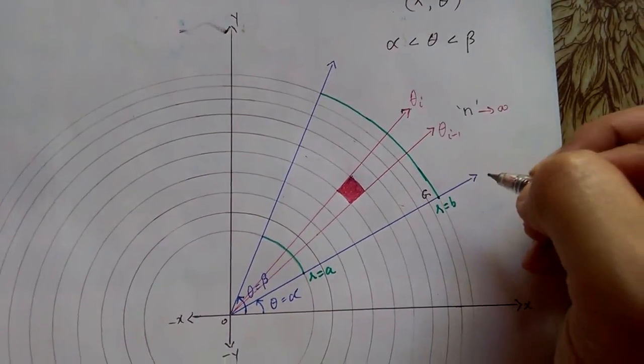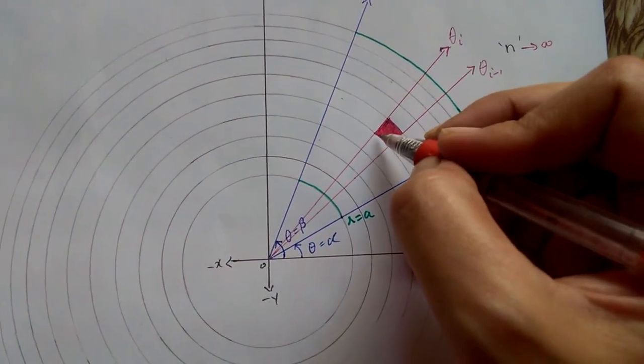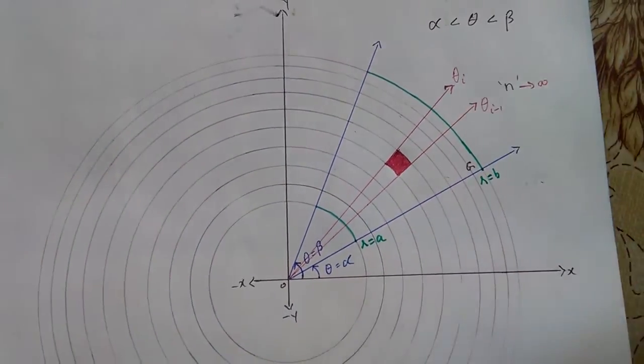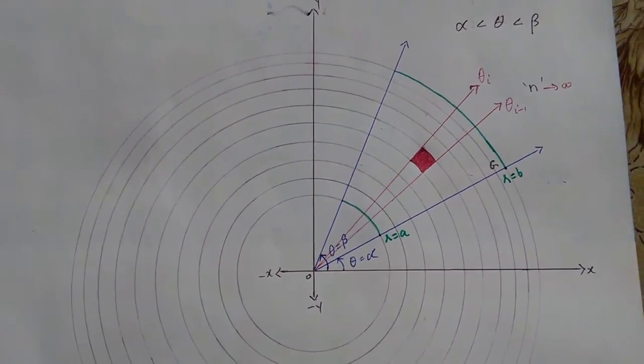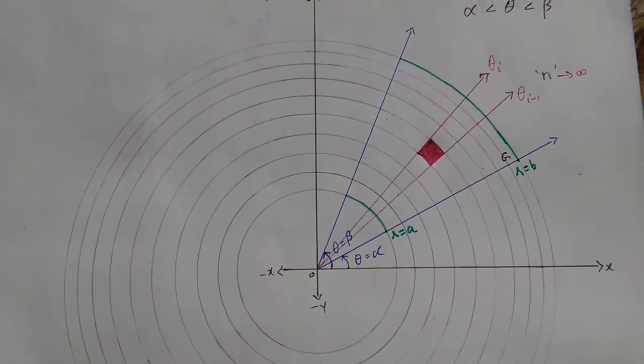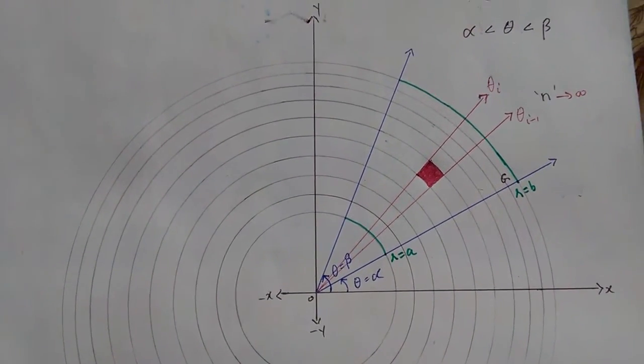In this way, this curved segment is no more going to be curved. It is going to be in the form of a rectangle, because the smaller the size of the segment, the flatter it is going to be.